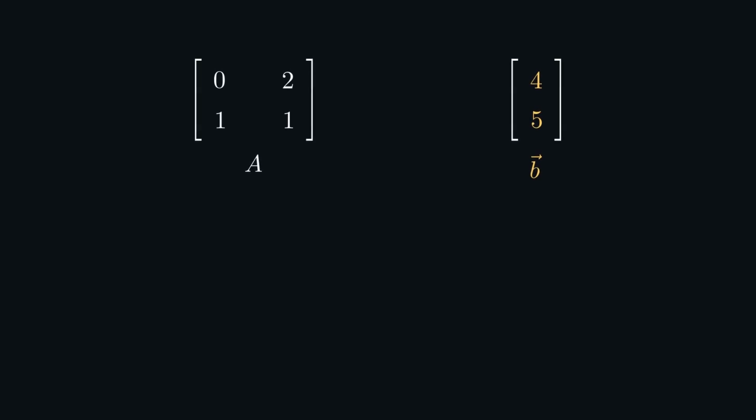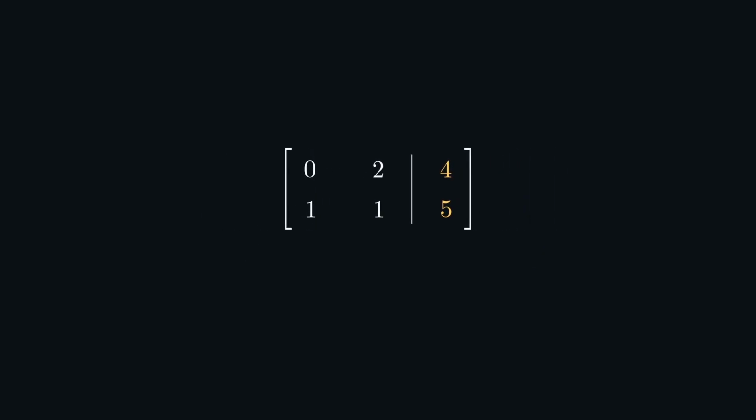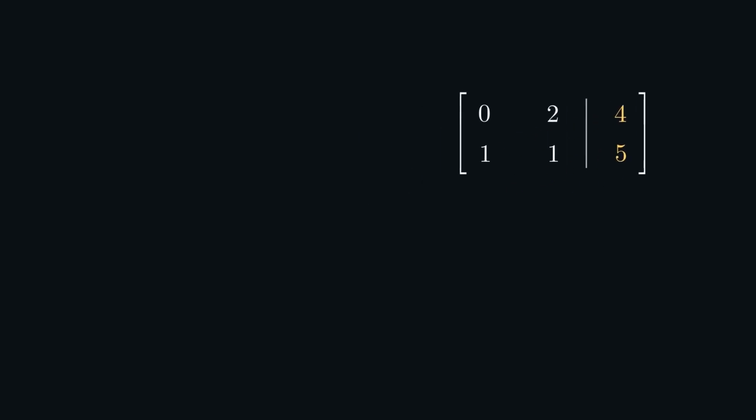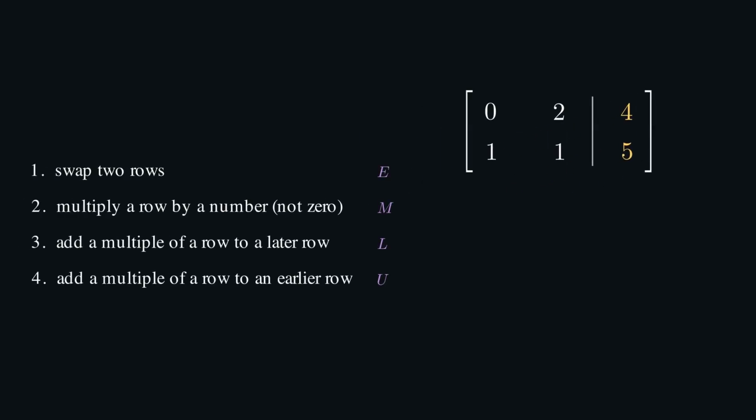So we need to find that vector x, which after going through the linear transformation turns into b. Now, as we learned in our previous video, Gaussian elimination just takes the vector b and the matrix A and turns them into an augmented matrix, just writes them together. After writing them together, we perform a set of rules. These 4 rules. E refers to exchanging or swapping 2 rows. M refers to multiplying or scaling a row.